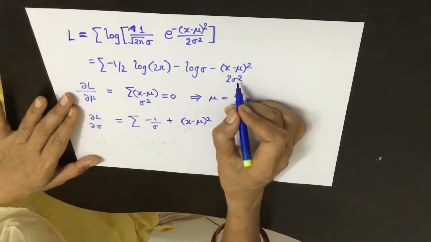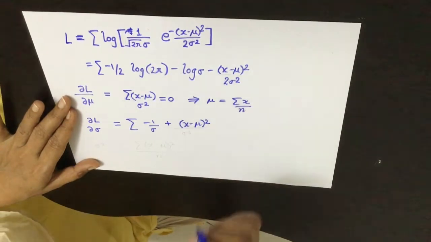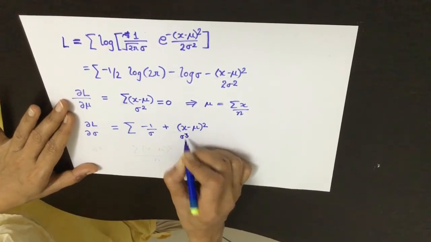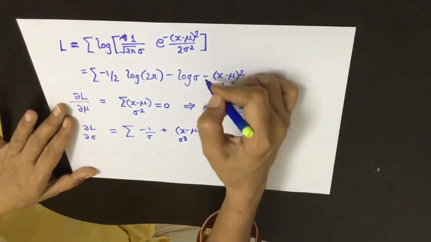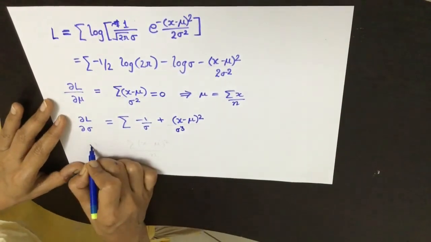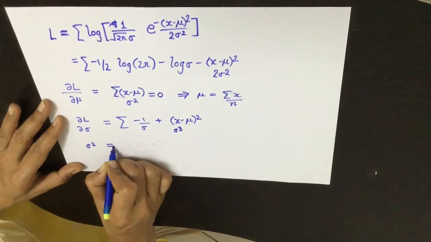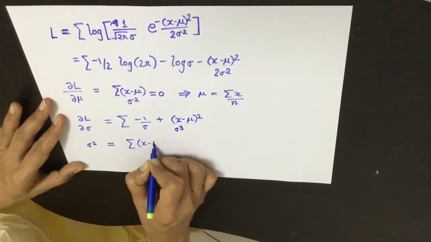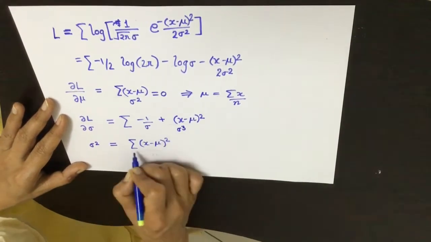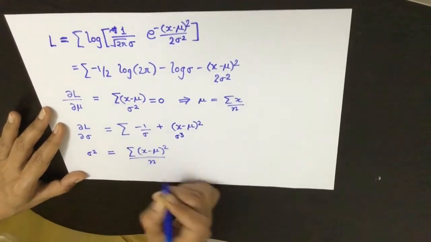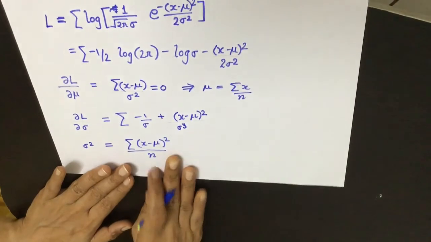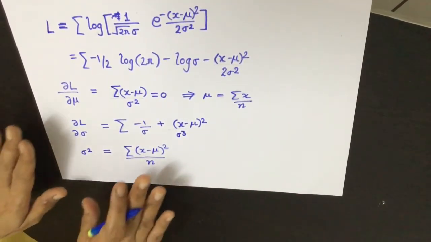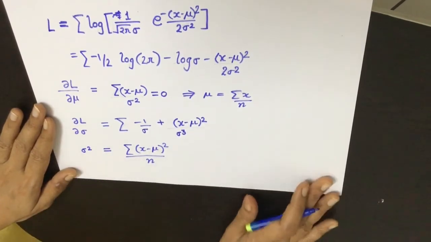Since the denominator is sigma squared, it becomes sigma cubed, and the minus 2 gets cancelled. And so we find sigma squared, that is the variance, is given by the average of the squared deviations from mu. As you might have observed, this is the formula that we have been using for finding variance, and we find the same using maximum likelihood.